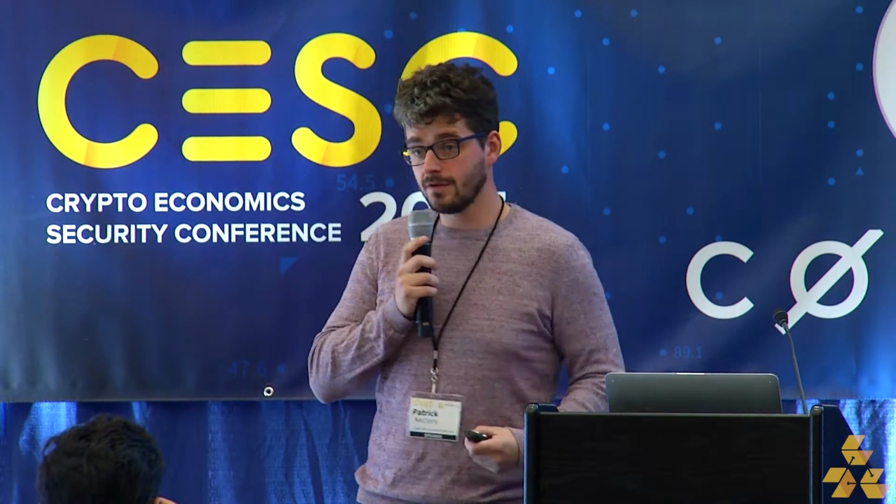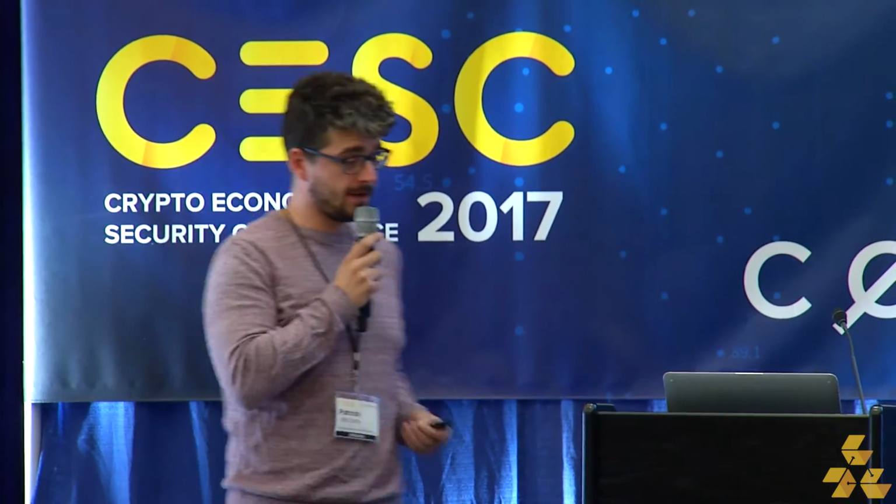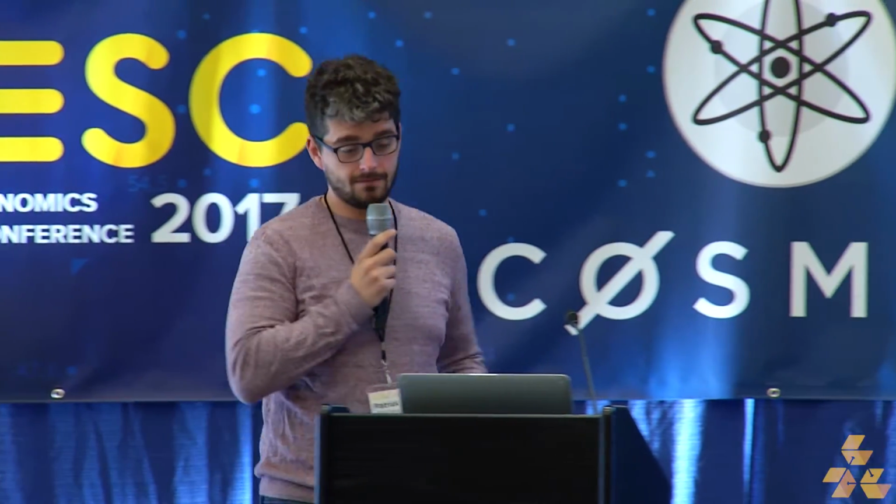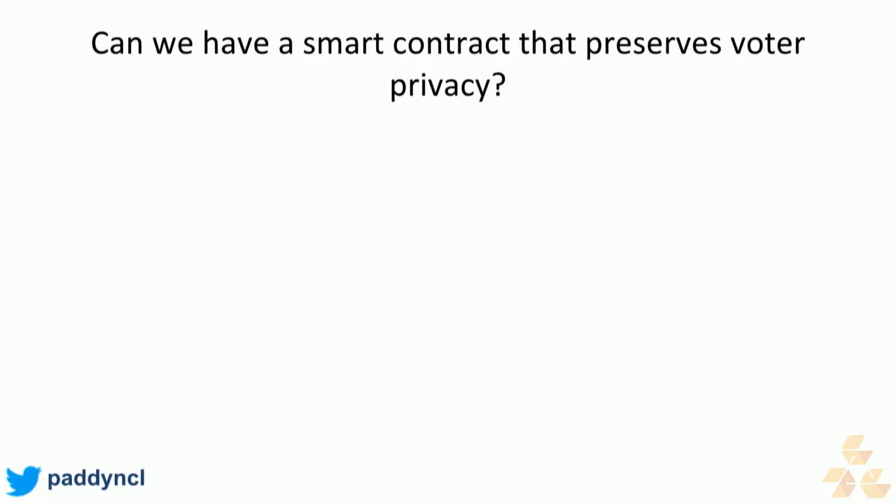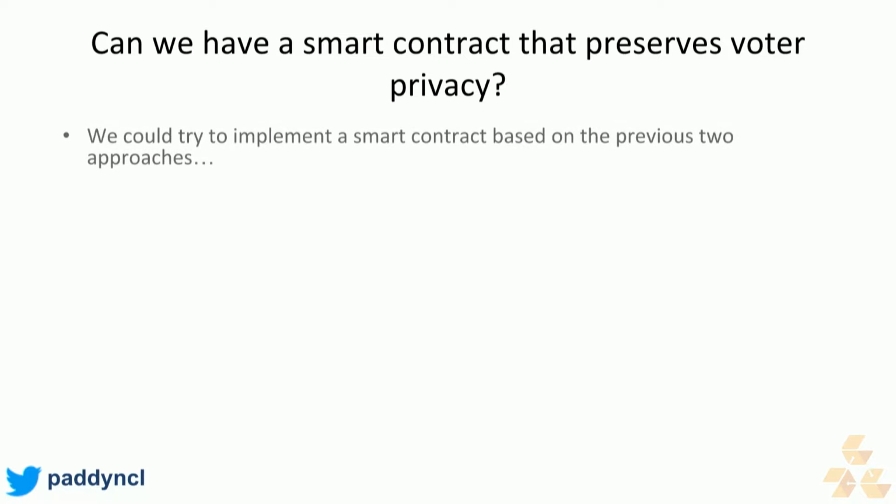But as we've learned, that's not good enough, because it's fairly straightforward to link an Ethereum account to a real-world identity. So I wanted to ask, can I build a smart contract that can preserve the voter's privacy? And there's two standard ways to do this in the literature. The first way is blind signatures.